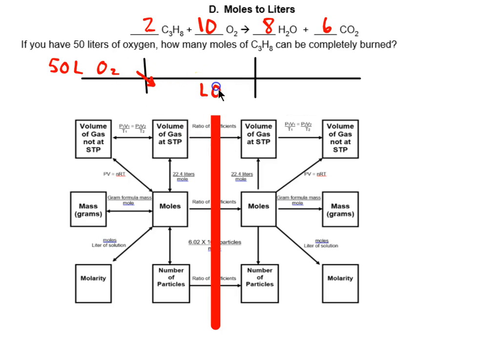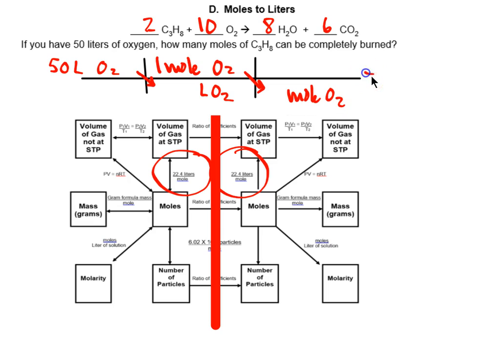So I have liters of O2 right here. I just learned this ratio right here. Liters are always per 1 mole of the same thing. And if I know this, then I know this must be mole of O2. And I'm solving for moles of C3H8.